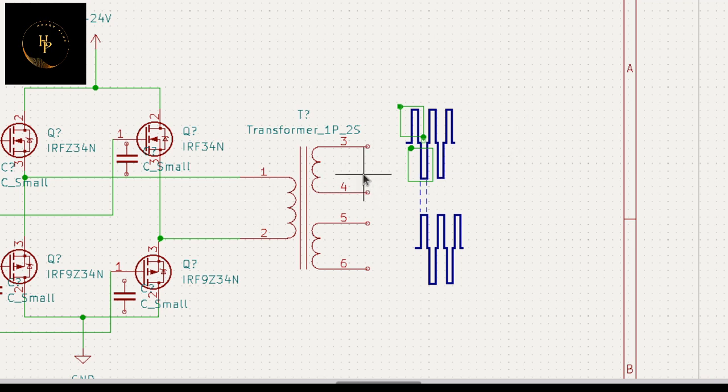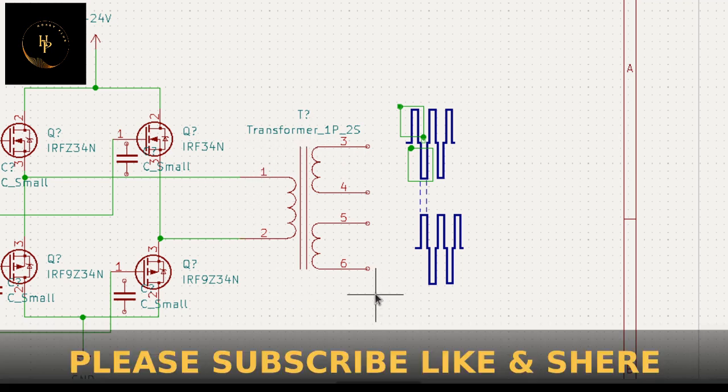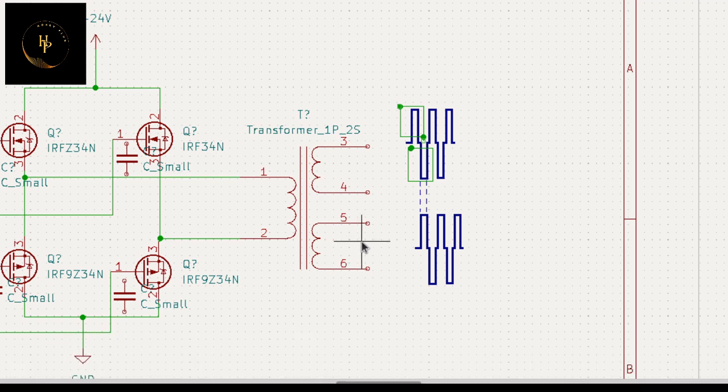You have to know the wattage calculation of this transformer. Here is suppose 0.5 watt and also here 0.5 watt. Then you have to wind the transformer in a very calculative way, that is 0.5 and that is 0.5, which means your transformer wattage is 1 watt.